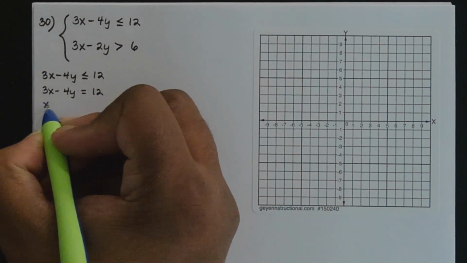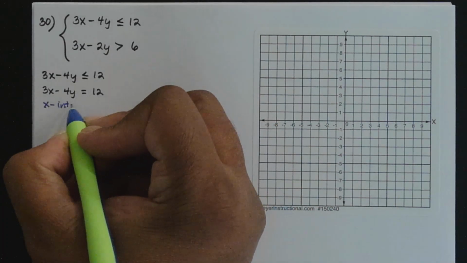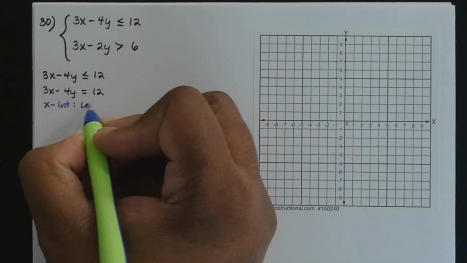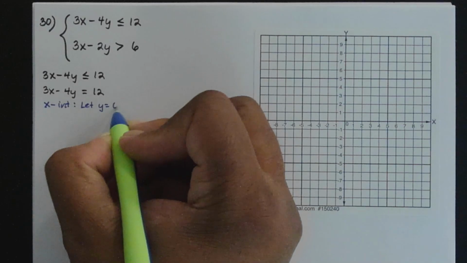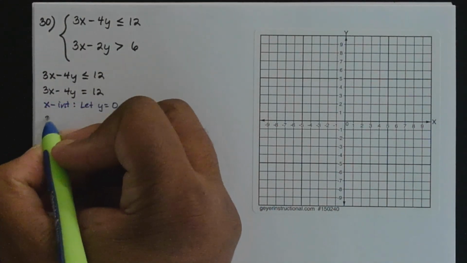Okay. Now since x and y are on both sides, I'm going to use intercepts, like the x-intercept. Here I'll let y equal 0 and solve for x. Anytime you're finding the x-intercept, you want to let y equal 0 and solve the equation for x. So I'm going to substitute the y in that equation with 0.